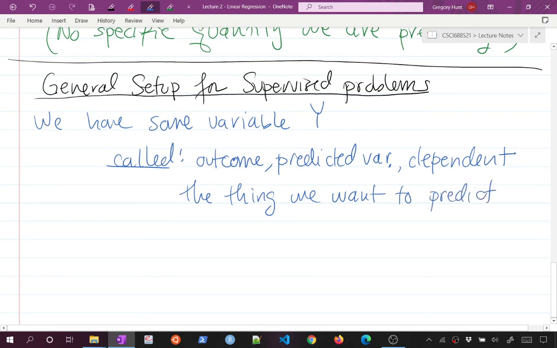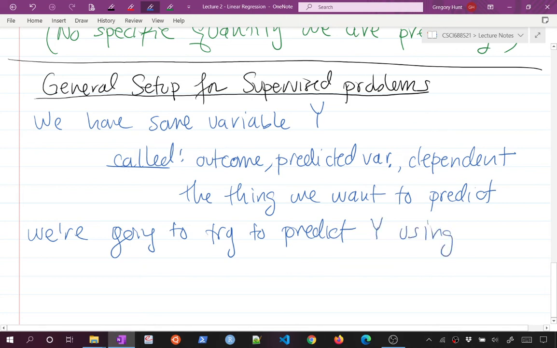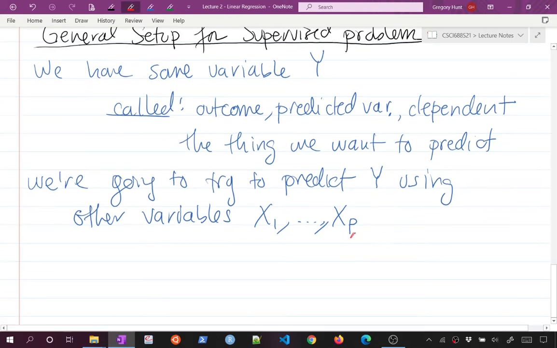And we're going to predict y. We're going to at least try to predict y using other variables. I'll denote them x1, and we'll say that we have some p of them. So here, p is going to be the number of variables. These other variables have many different names depending on what kind of group you run with.